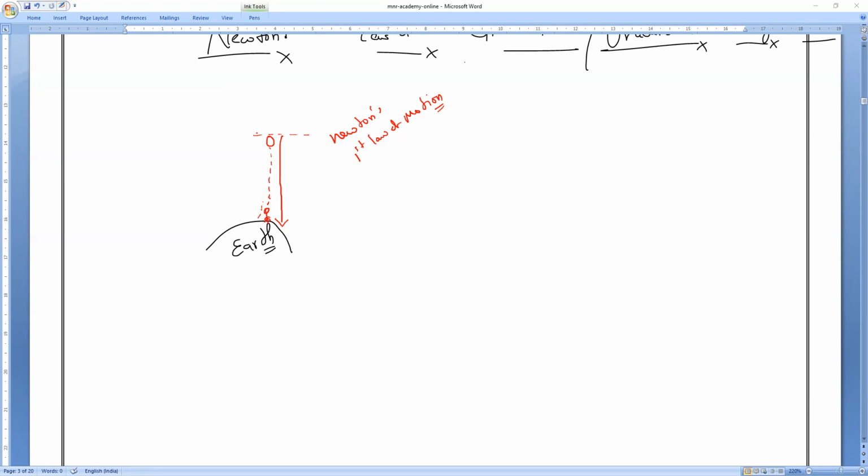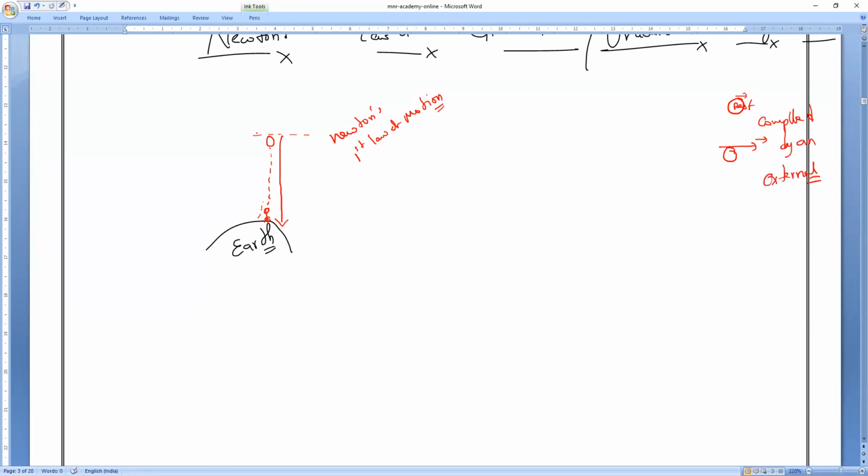Newton's first law says that a body which is at rest remains in a state of rest. The body which is in uniform motion in a straight line continues its motion unless and until it is compelled by an external force.